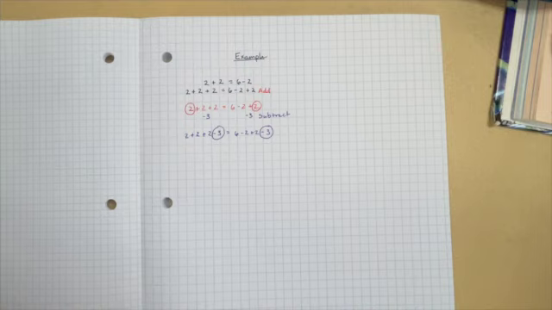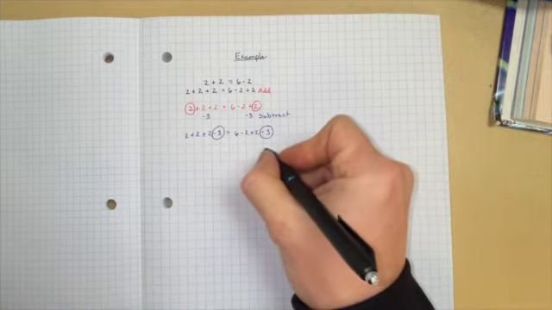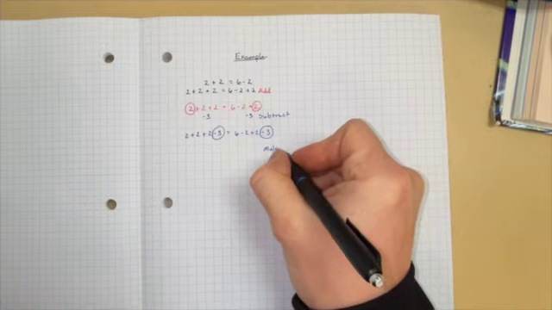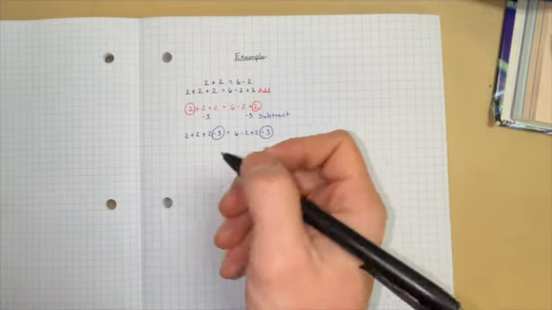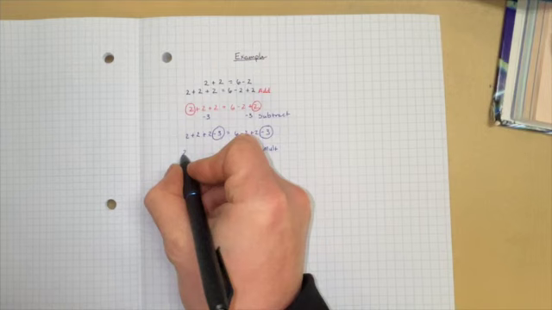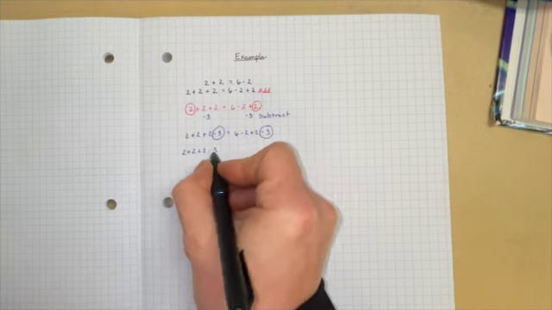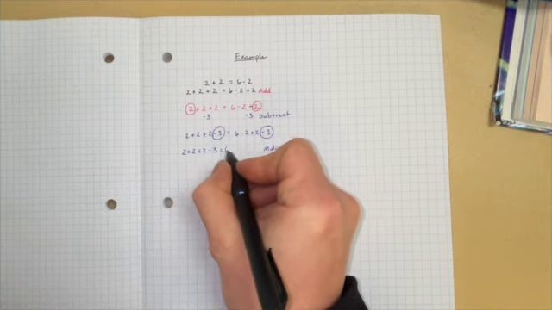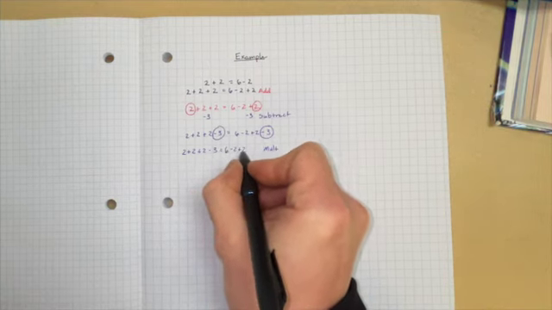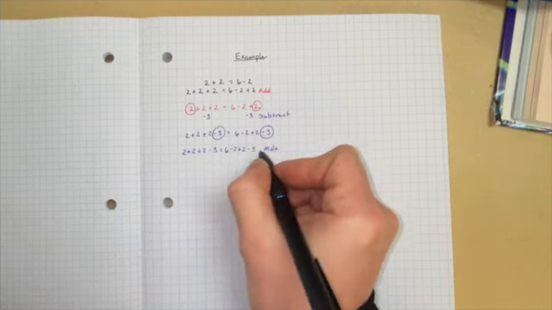All right, now we'll do some multiplication. So if I multiply, this is blue. So I'll go 2 plus 2 plus 2 minus 3 is equal to 6 minus 2 plus 2 minus 3.